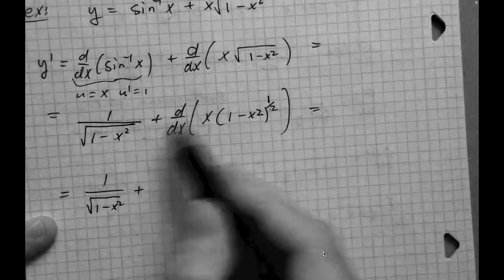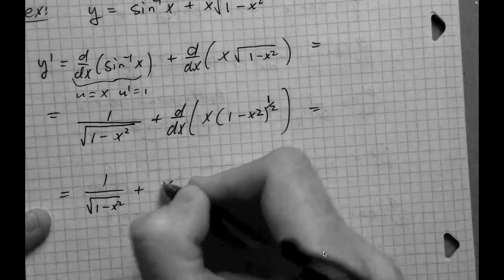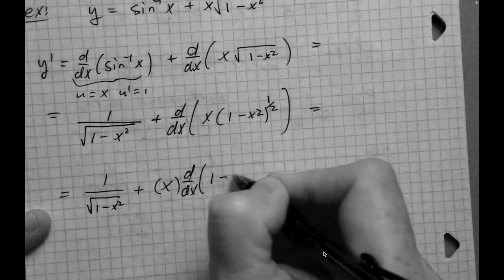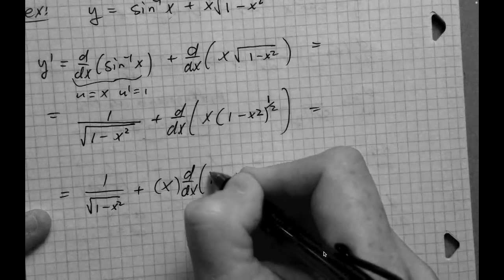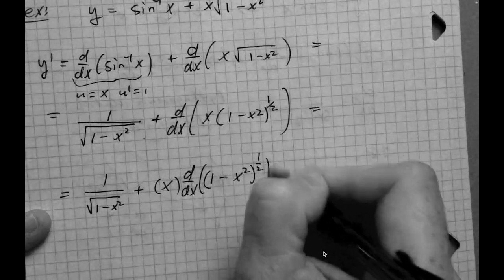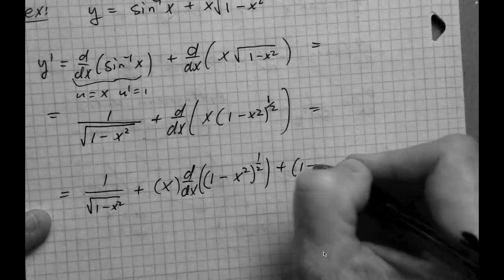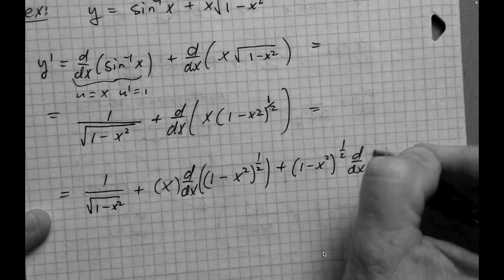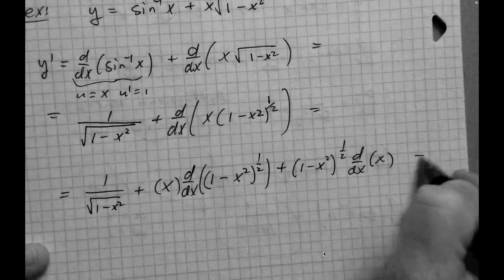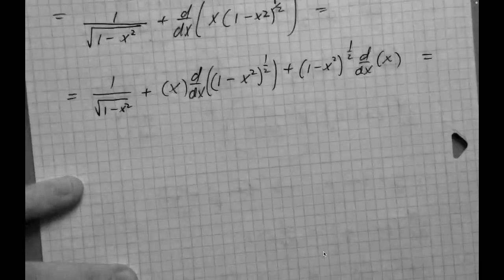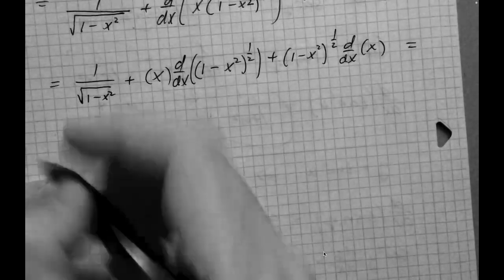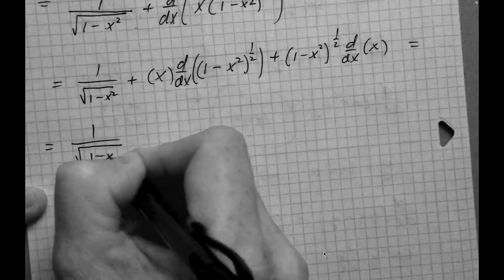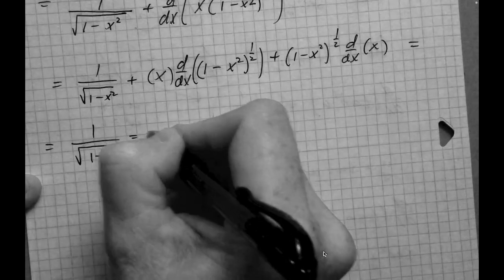Then this part will be x times d/dx of (1 minus x squared) to the 1/2 power, plus (1 minus x squared) to the 1/2 power times d/dx of just x. And the x stays there.